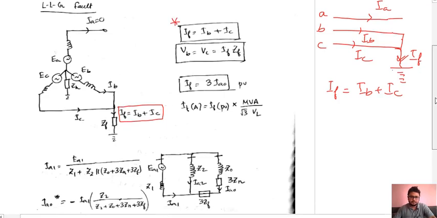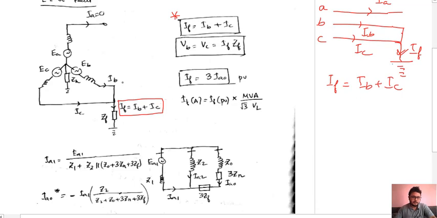Next, let us see the diagram. If I draw the diagram, what will come? This is C, so VC to ground. This is B, so VB, from here to here, it is VB.